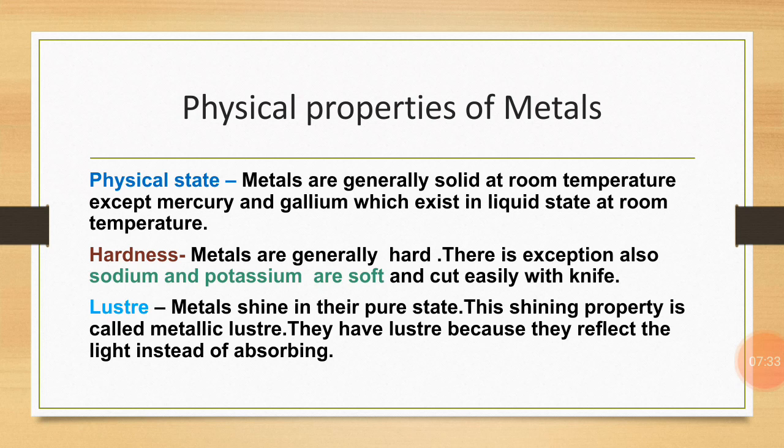Next is hardness. Now we are going to learn whether metals are hard or not. Metals are generally hard, but there are some exceptions here also. For example, sodium and potassium are two metals which are soft, and you can cut them easily with a knife.